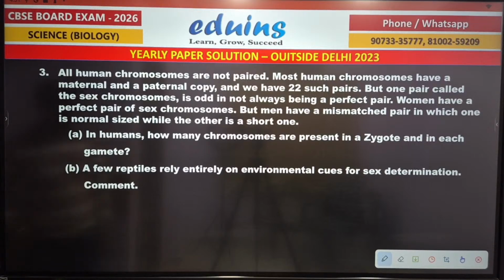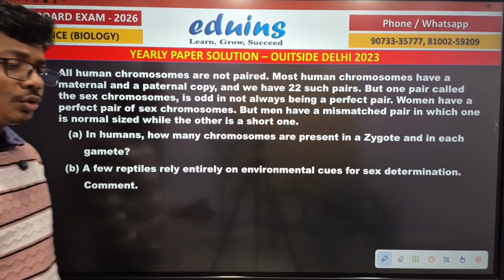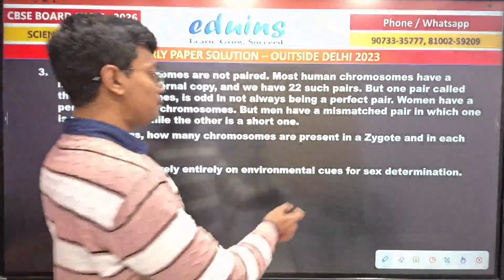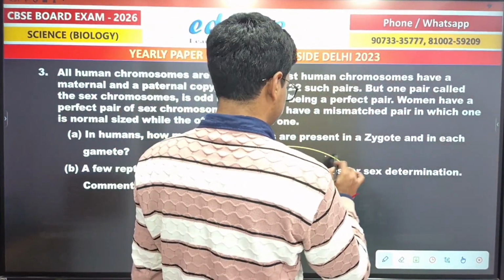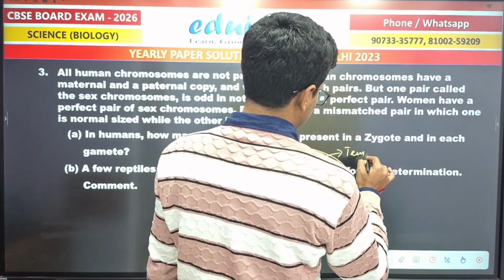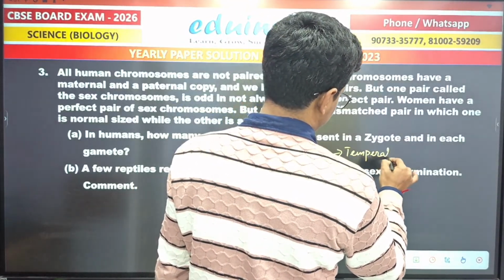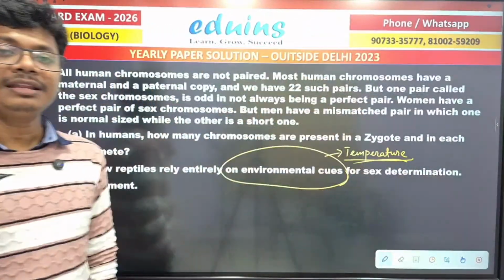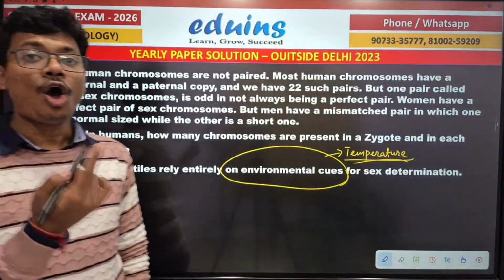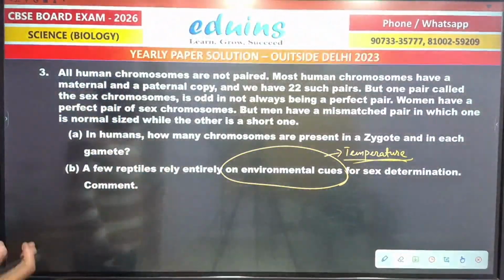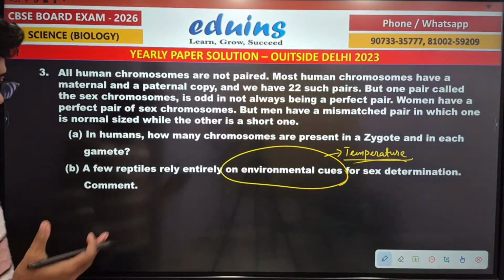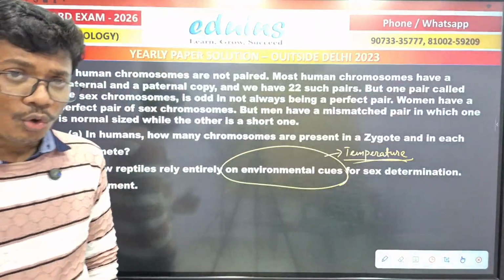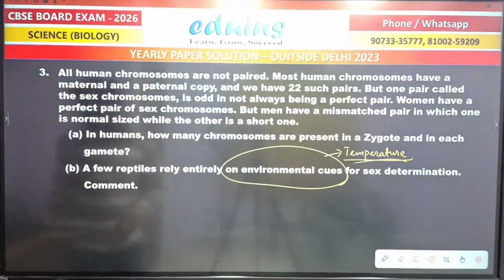A few reptiles, like the crocodile or some lizards, depend on environmental cues, that is the temperature, which actually determines the sex of the offspring. How? If the temperature is high, there will be one gender; if the temperature is low, there will be another gender.